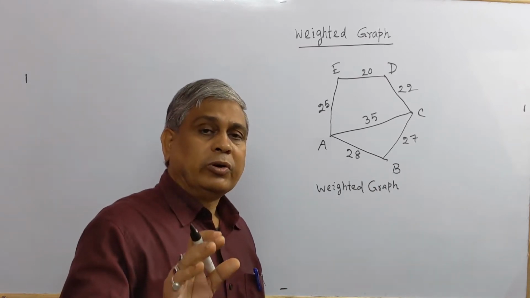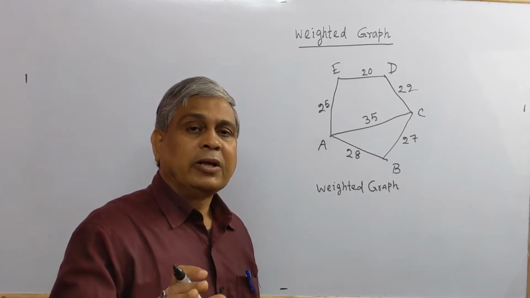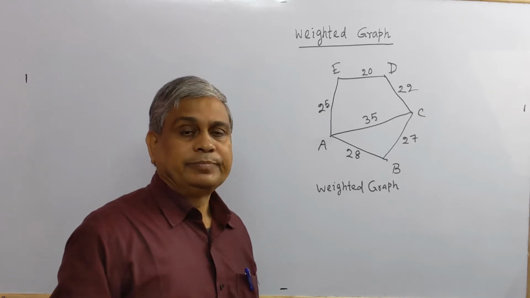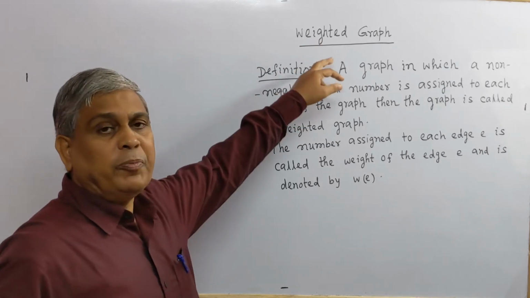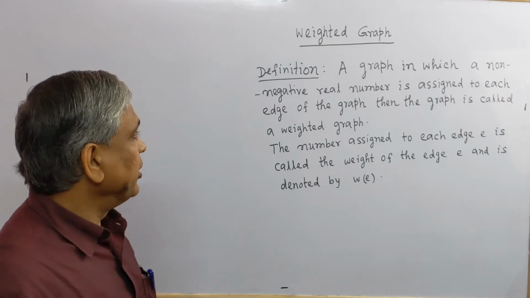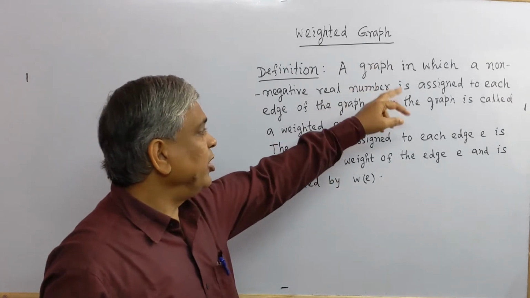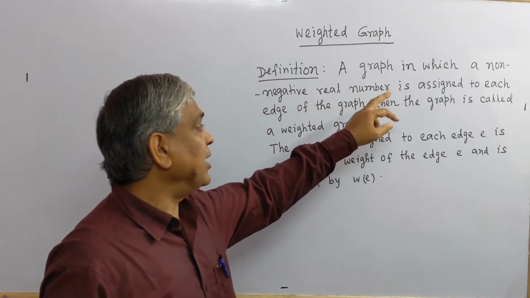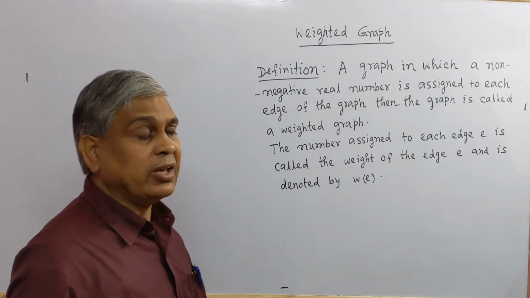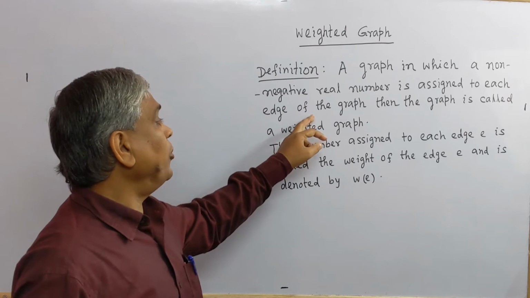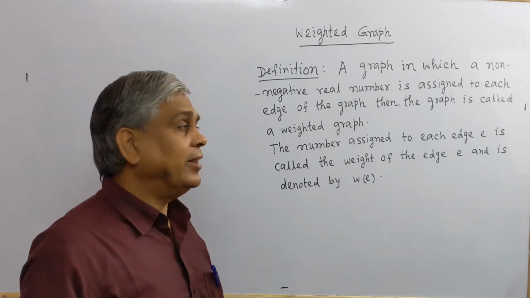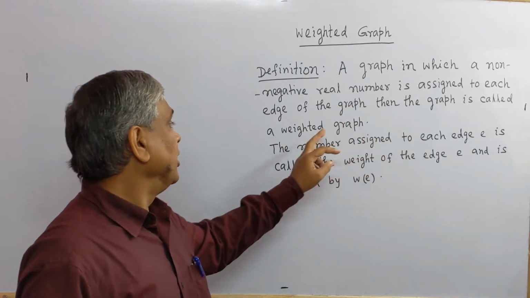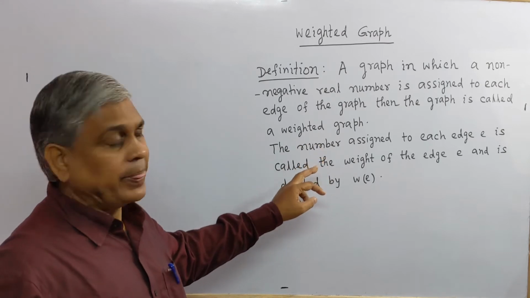Now, we write the definition of a weighted graph. Definition of weighted graph. A graph in which a non-negative real number is assigned to each edge of the graph, then the graph is called a weighted graph.